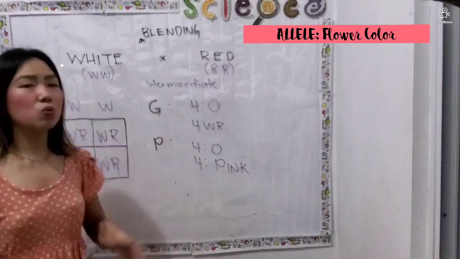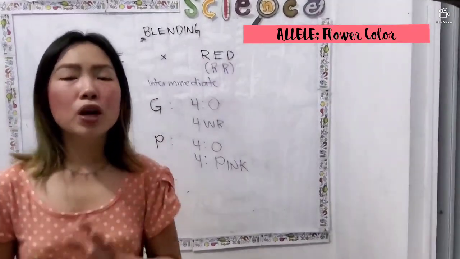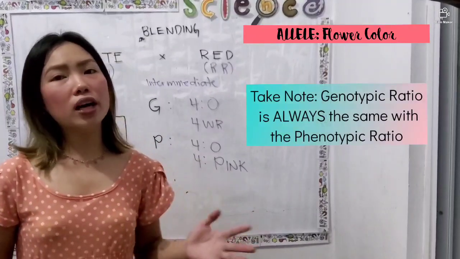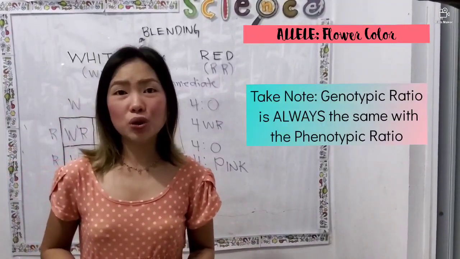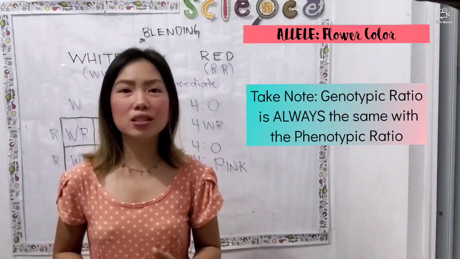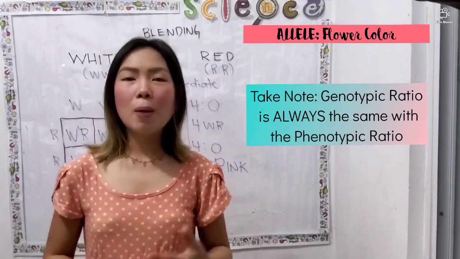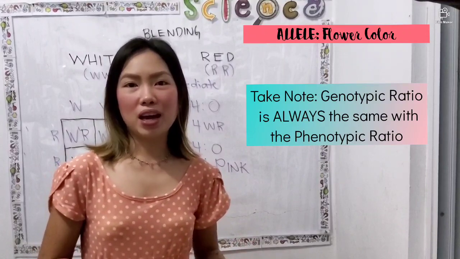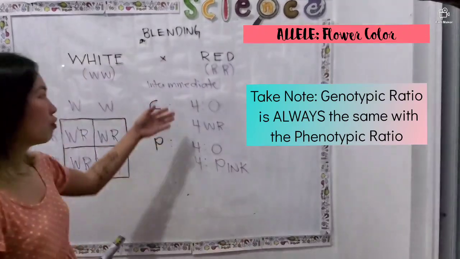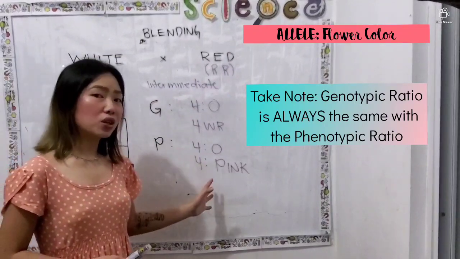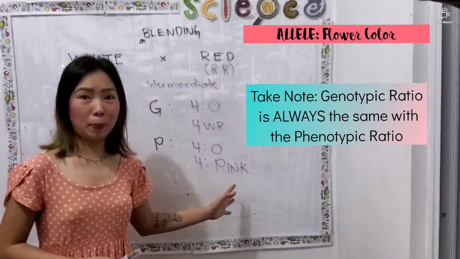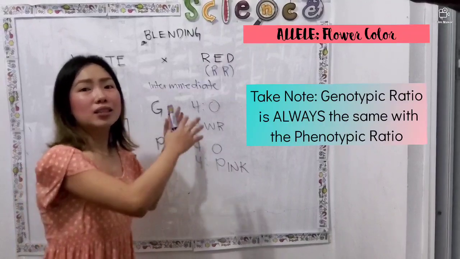Ano pang napansin natin with the genotype and the phenotype? You always take note that if we're talking about the incomplete dominance, the genotypic ratio is also the same with its phenotypic ratio. Palagi silang magka-parehas. Kung 4:0 ang genotype natin, so we also have 4:0 for the phenotype. That is also just the same.